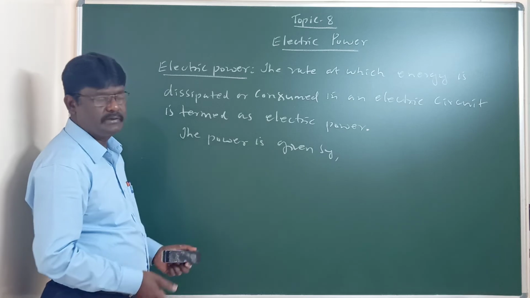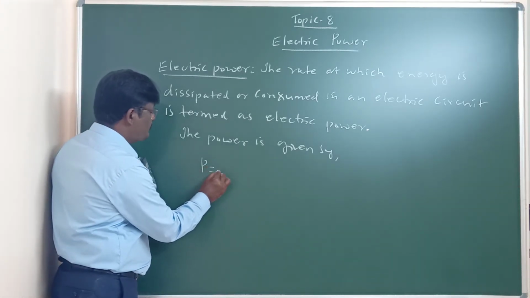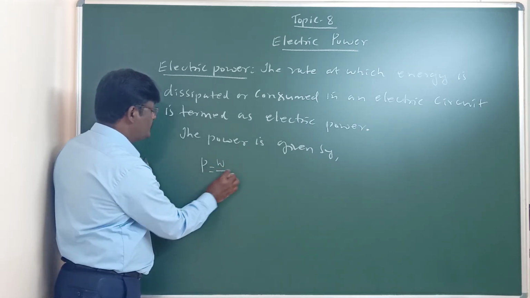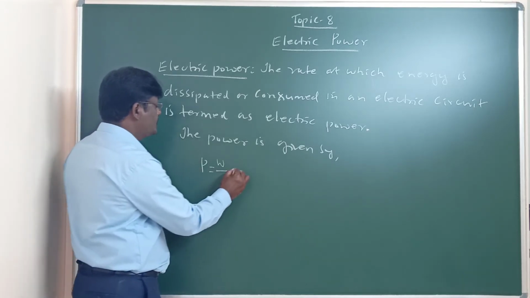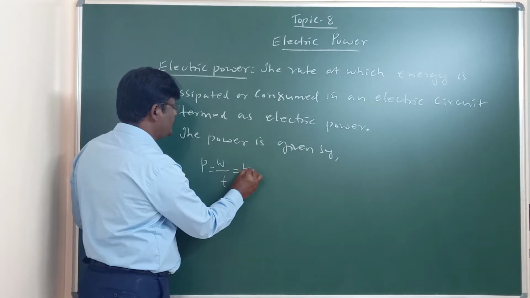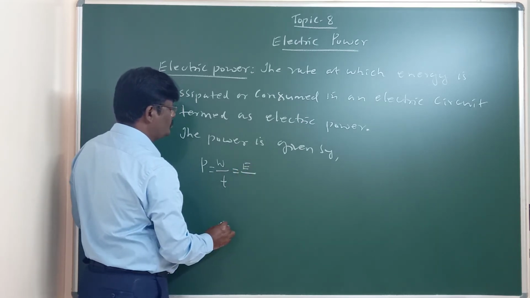The power is given by P, which stands for power. In general, we know it is the rate at which work is done by any device. That work can also be replaced by energy. What is energy? Capacity to do work.